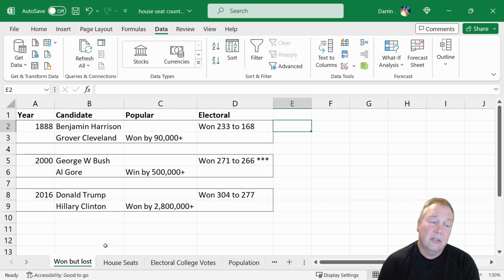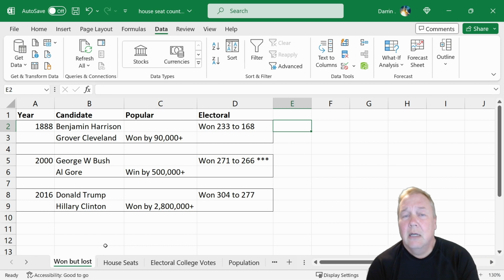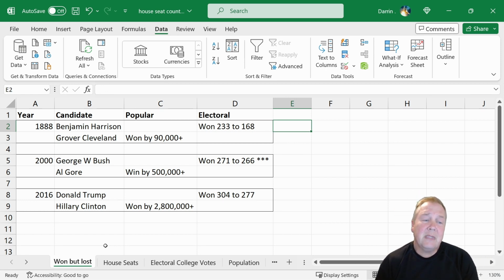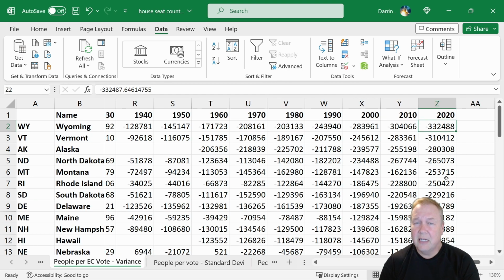When you throw in those other two cases where the person who had the most popular vote did not end up winning, you're looking at about 8% of US presidential elections where the person with the most votes lost. And that seems like a problem. So, why hasn't this been fixed yet?